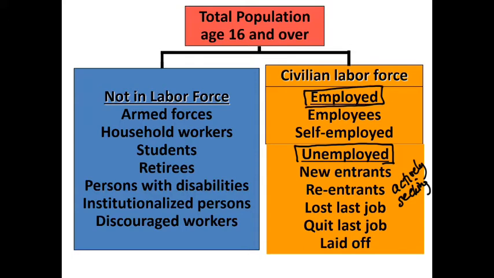For example, some people sometimes leave the labor market. They stop looking for a job, and then after a while, they start looking and they become re-entrants. They become unemployed. And those people who are laid off, who lost their jobs or who quit their jobs, are also considered unemployed as long as they're actively looking for a job.